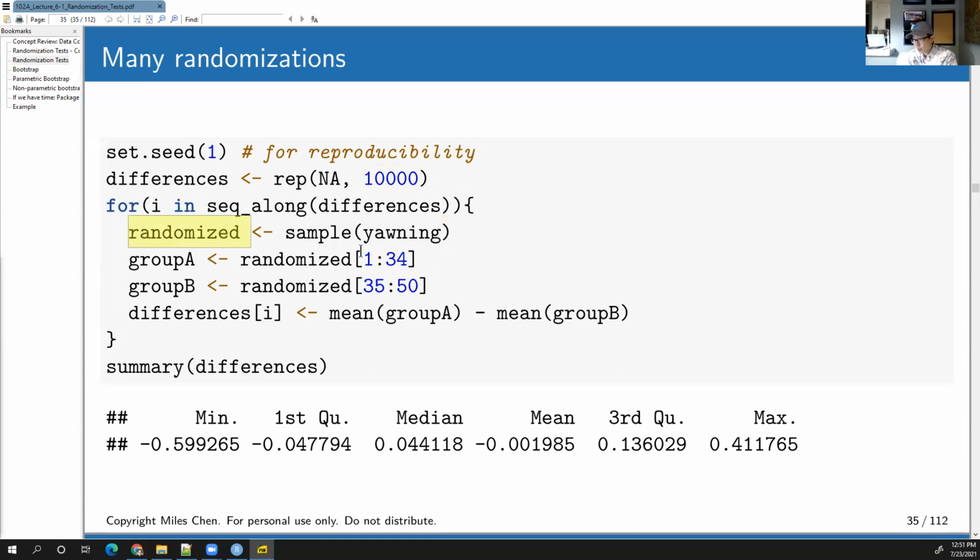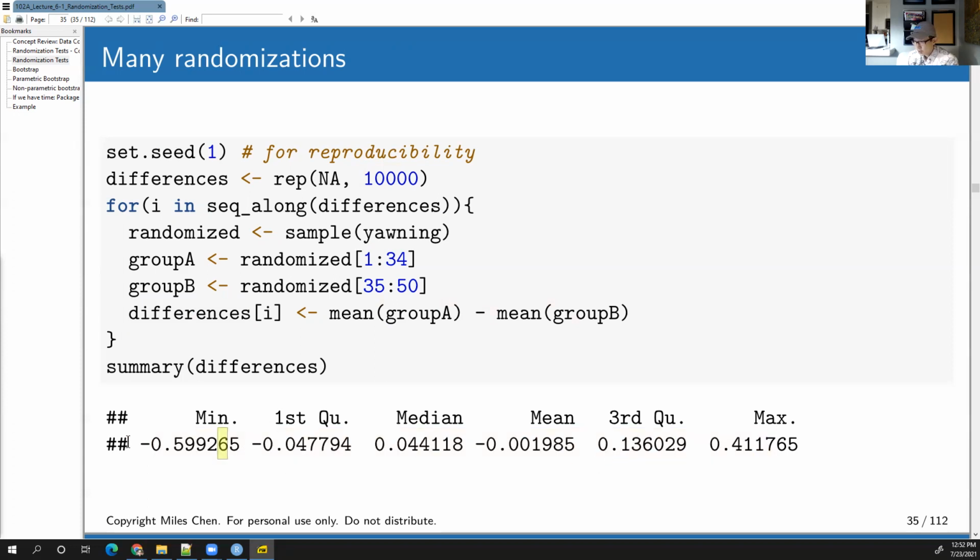After I shuffle them, I'm going to put the first 34 into group A and the remaining 16 into group B. I'm going to calculate the proportion in group A and the proportion in group B, take the difference between those proportions, and store them into this vector differences. I do this 10,000 times, and so now we can see what kind of differences we end up getting.